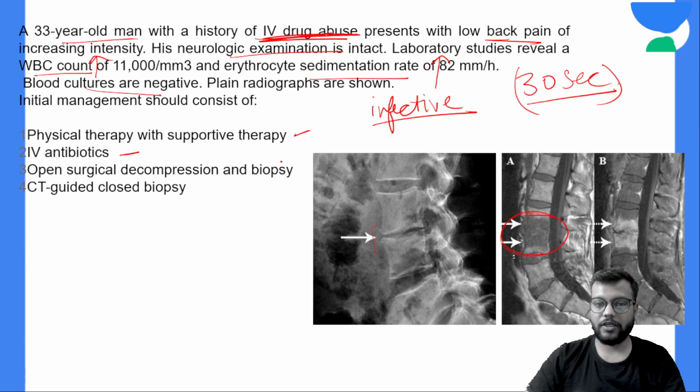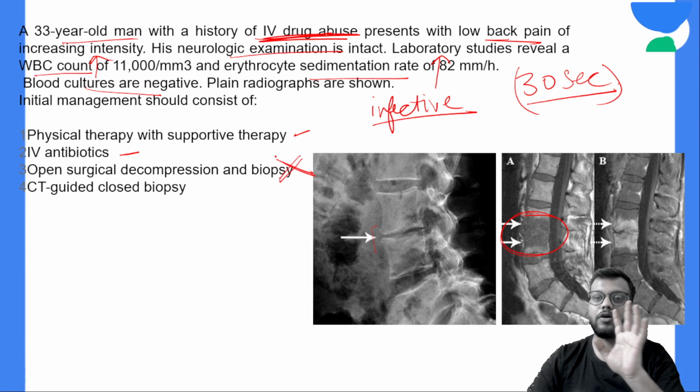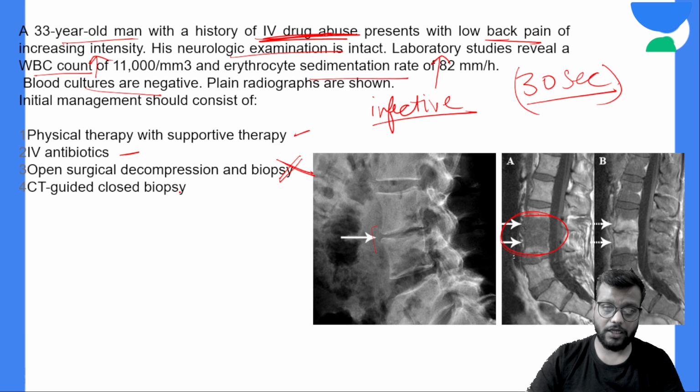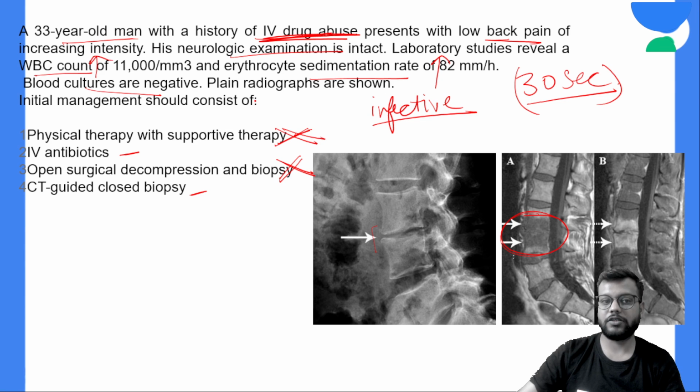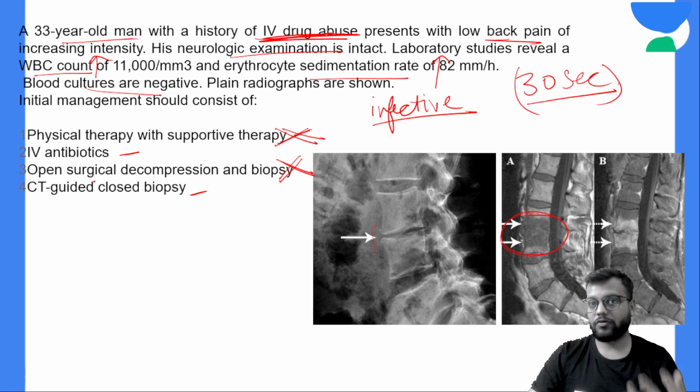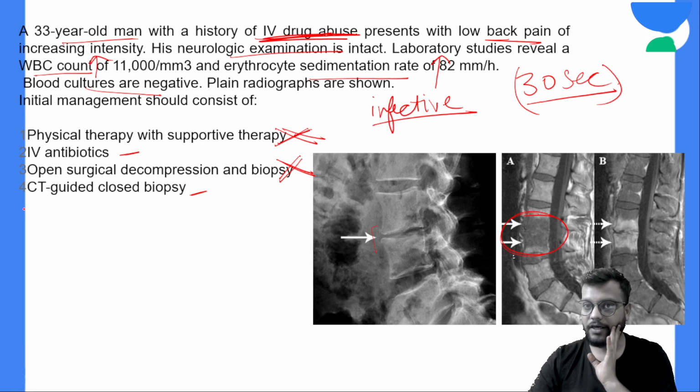Open surgical decompression not done because neurologically intact. CT guided biopsy, yes, it can be done. Now out of these, just physical therapy with support therapy will not be the choice. You have to diagnose it and do something. So either you start the IV antibiotics, or you go for the CT guided biopsy.